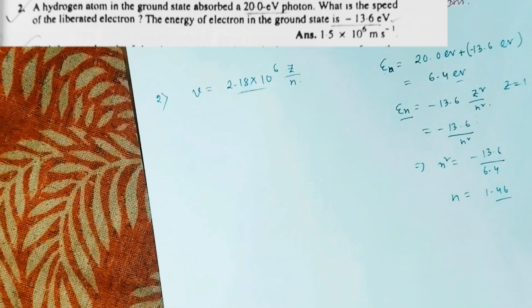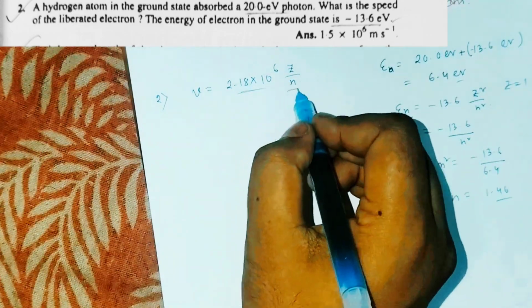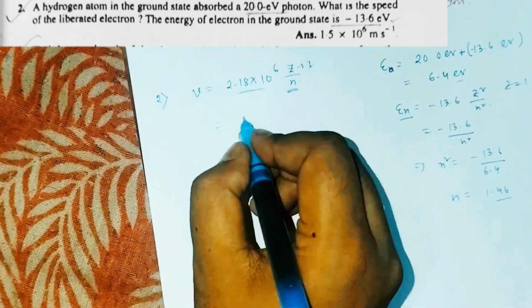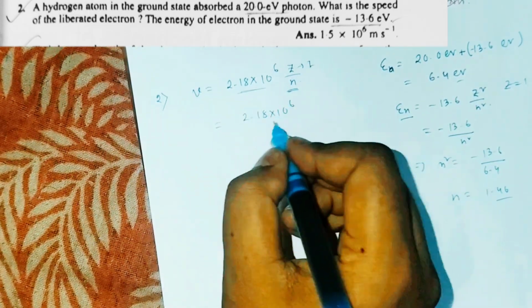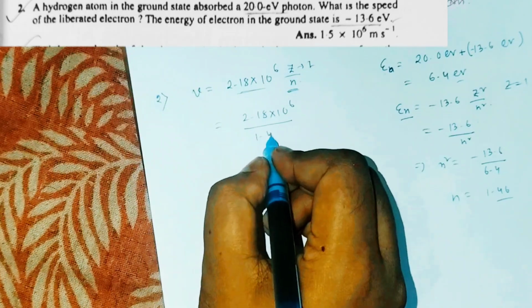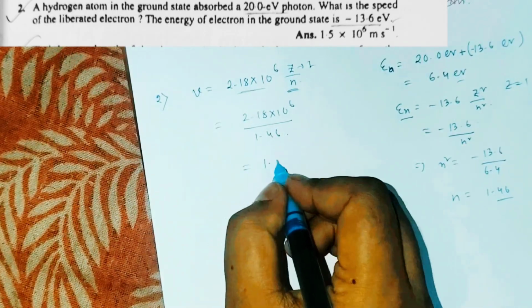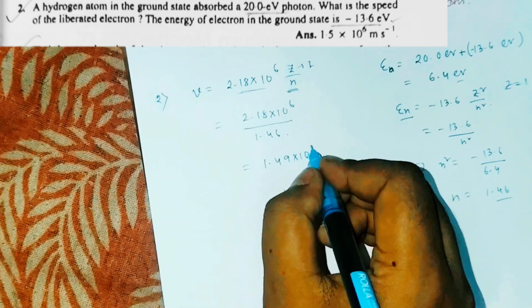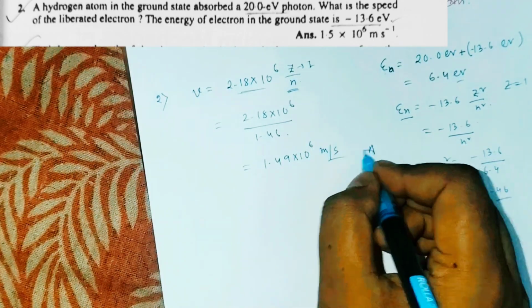So this is your principal quantum number. Now just substitute the value here. You already know that Z equal to 1, so 2.18 into 10 to the power 6 by n, n equal to 1.46. Now using the calculator, you will get 1.49 into 10 to the power 6 meter per second. So this is the answer.